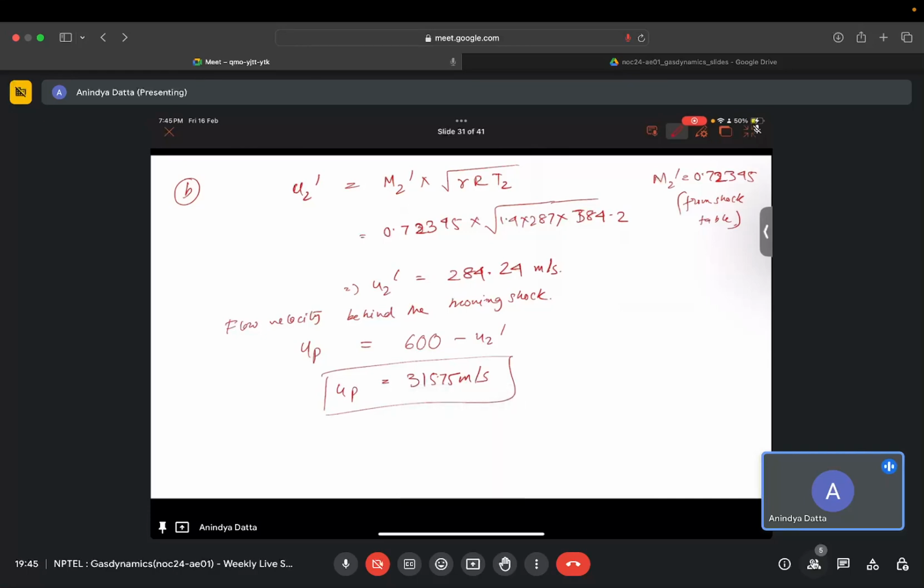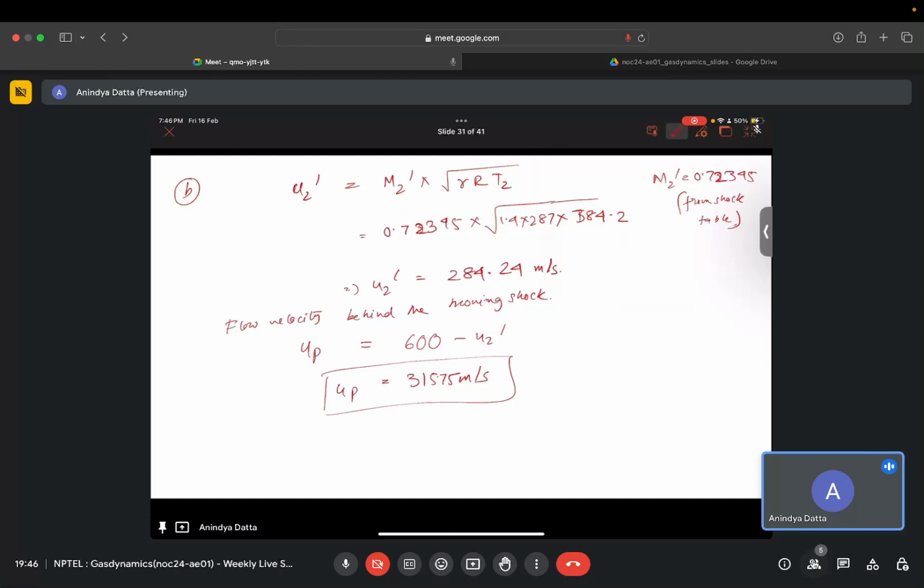When we change the reference frame we are subtracting some velocity, so the square of that differs from the square of the actual velocity. In the actual frame of reference the stagnation temperature will not stay constant because the flow is unsteady. Stagnation temperature stays constant only when we have a steady and stationary shock. So you need to keep that in mind.